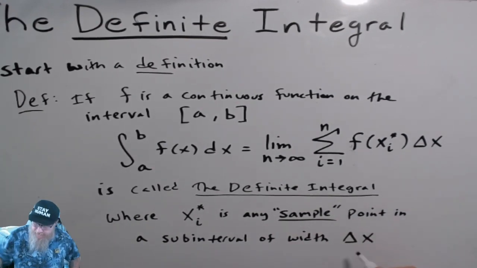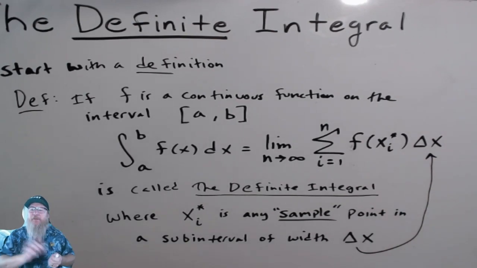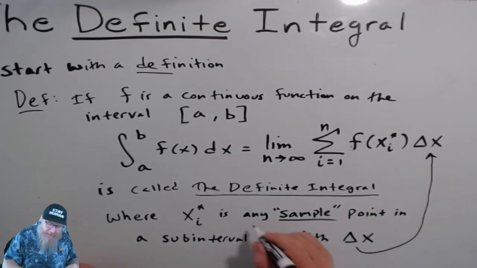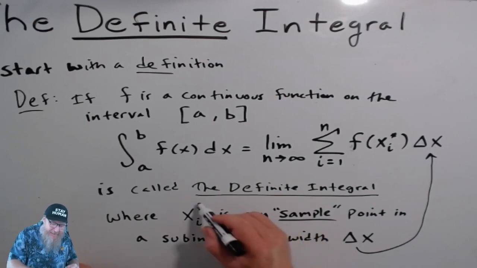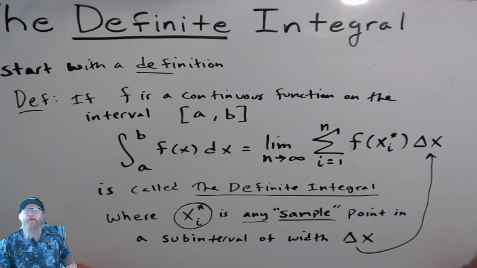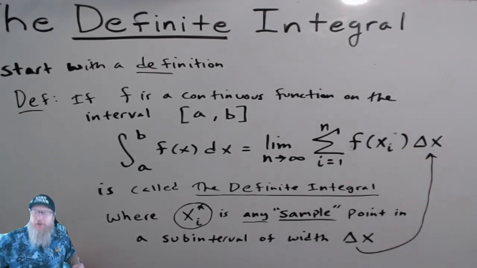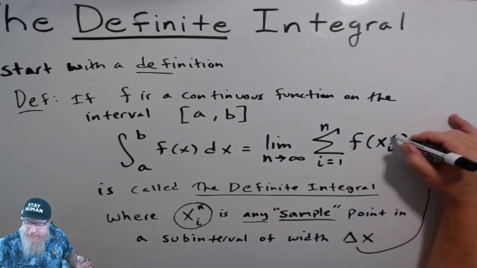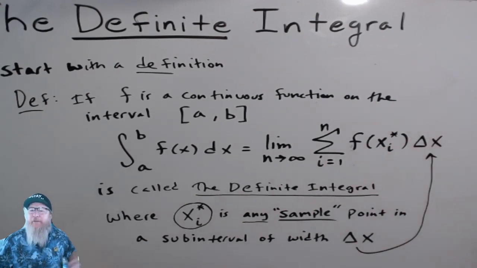So we have these delta x subintervals, which is essentially the width of each rectangle. And it turns out that we can pick any sample point to be our xi star. We typically just omit the star and just call it xi. But since this is the definition, I'll be true to the definition, and I will keep the star there for now.